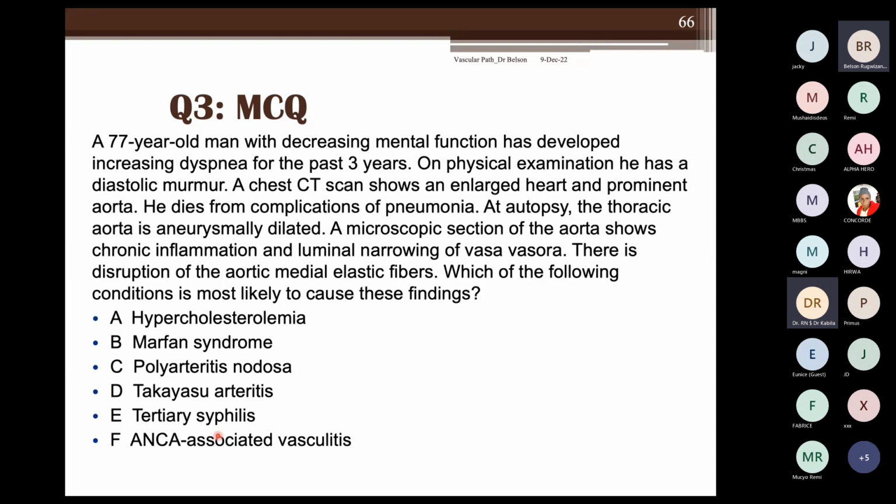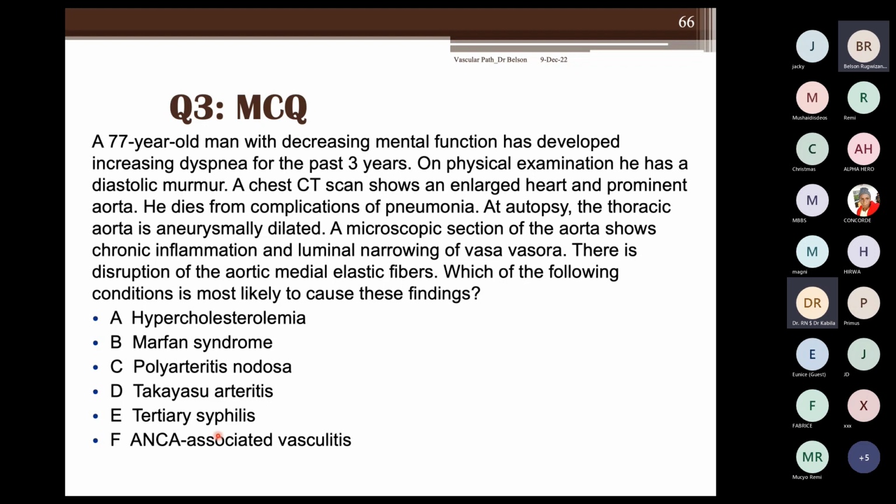A chest X-ray, a chest CT scan shows an enlarged heart and a prominent aorta. He dies with complications of pneumonia. At autopsy, the thoracic aorta is aneurysmally dilated. Microscopic section of the aorta shows chronic inflammation and the luminal narrowing of vasa vasorum of the aorta, of course. There is a disruption of the aortic medial elastic fibers. Which of the following conditions is most likely to cause these findings?